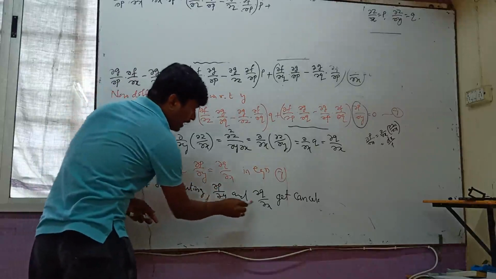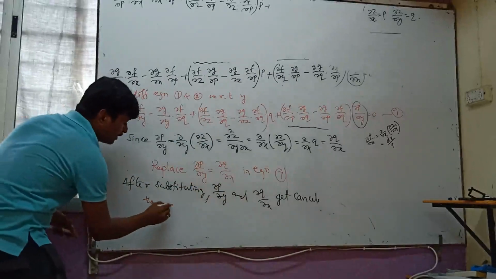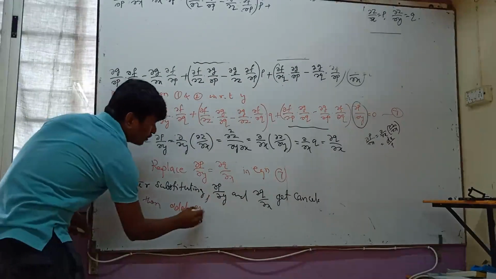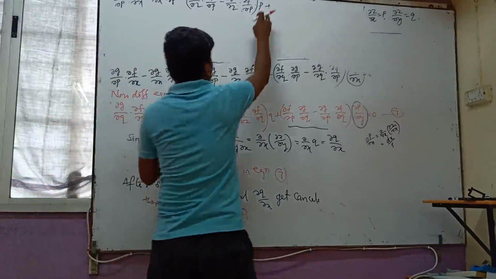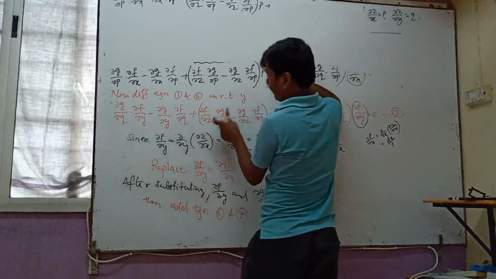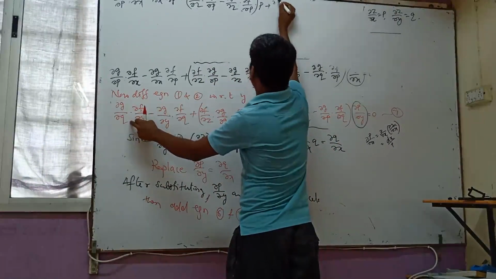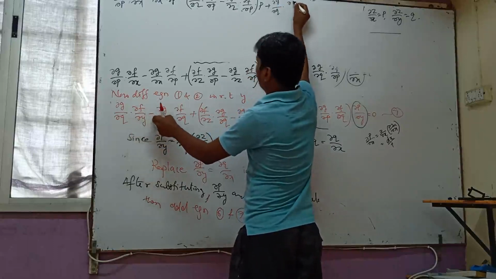∂p/∂y and ∂q/∂x get cancelled. Then add equation number 6 and 7. So I am now adding equation number 6 and 7. So this is equation number 6, remaining term, and remaining term in 7.